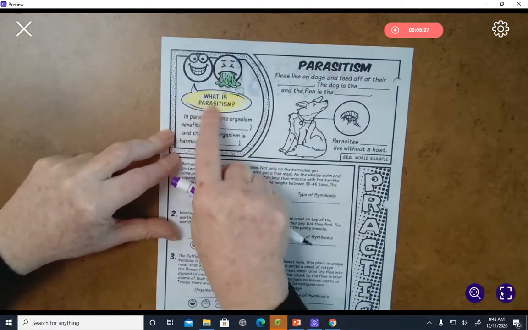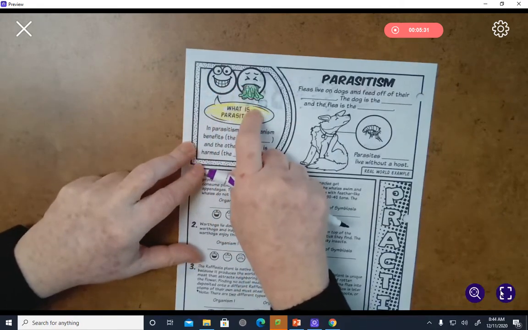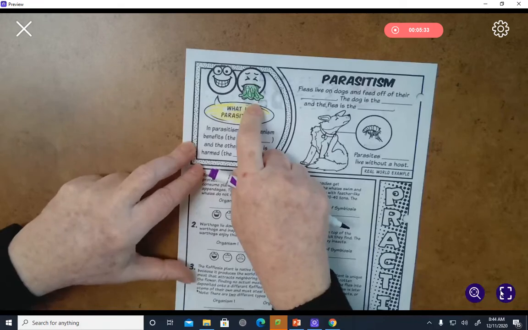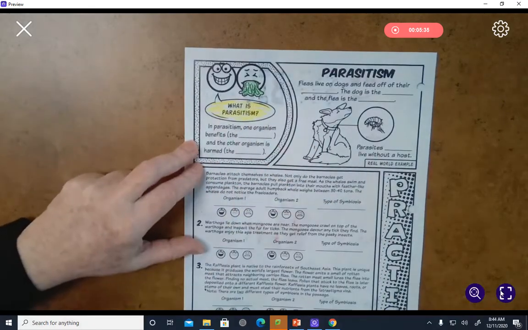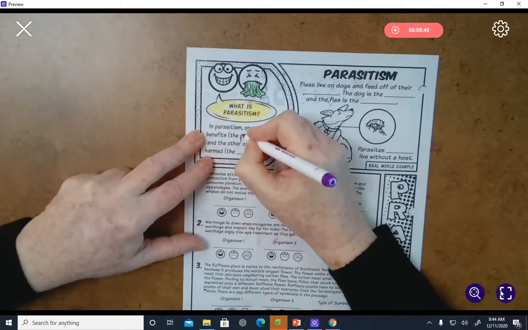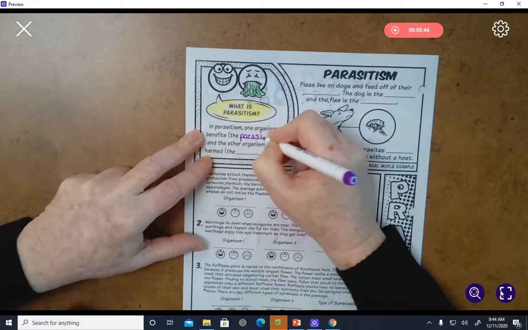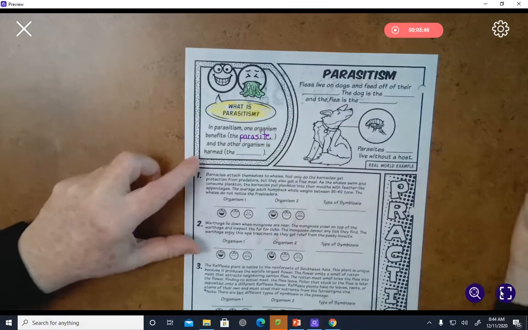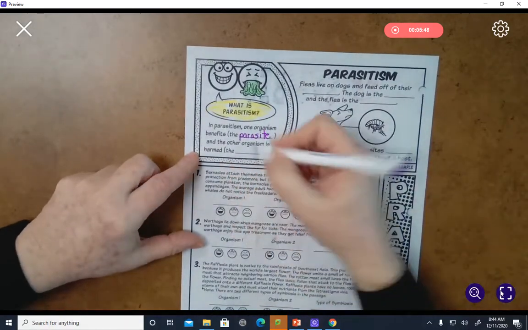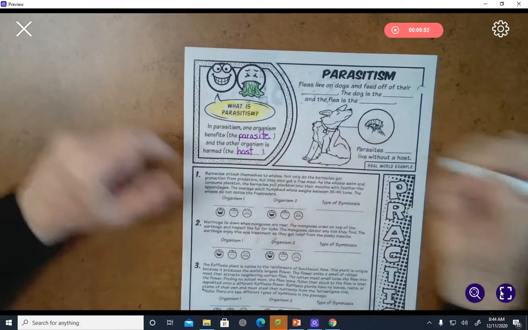What is parasitism? You can see one is really happy and this one is kind of getting sick here. In parasitism, one organism benefits, and that would be called the parasite, and the other organism is harmed, and that one is often called the host.